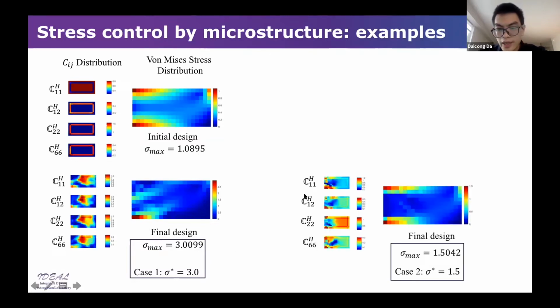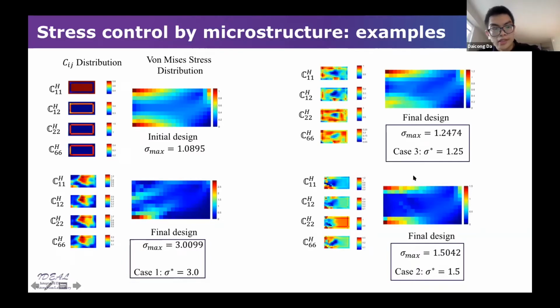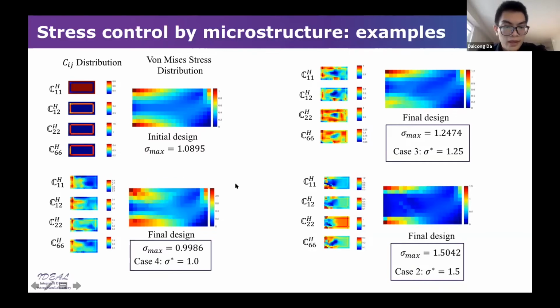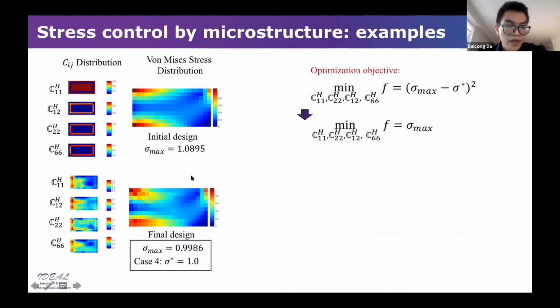And of course, you can change the target or the threshold value, and you can always find the optimal distribution of the stiffness tensor, such as finally the homogeneous stress distribution at the global scale, which satisfies the threshold value you already set. This is another design that is also very close to the target, but this target value cannot always be given in a specific design problem.